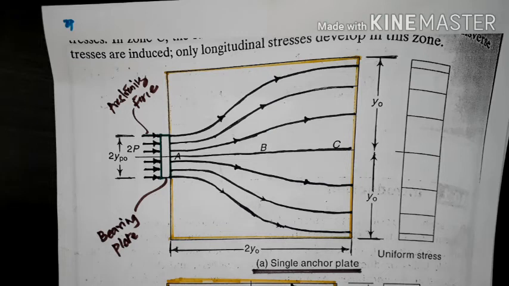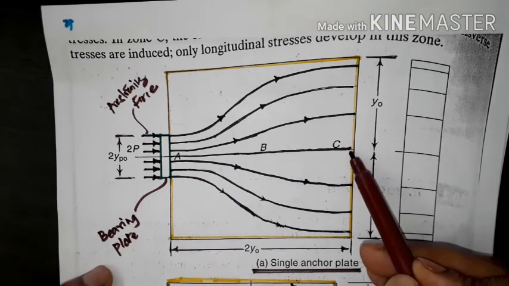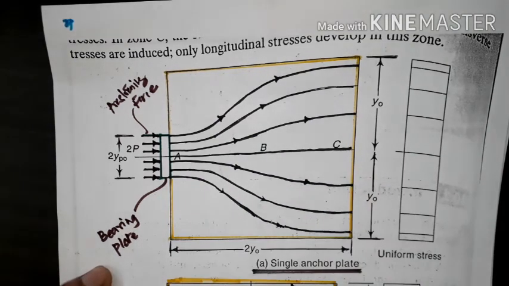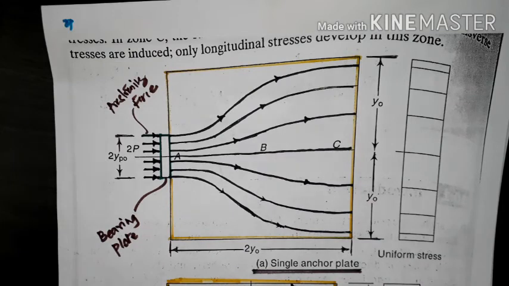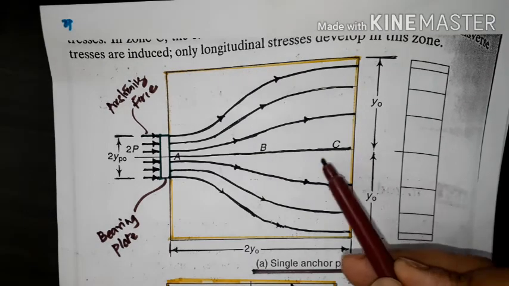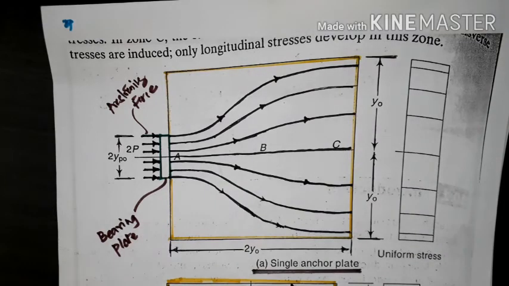I am repeating once again, the end block or anchorage zone design is done only in post tension beam sections. The cable will be passed through the duct which is pre-formed in the section, and it will be stretched.